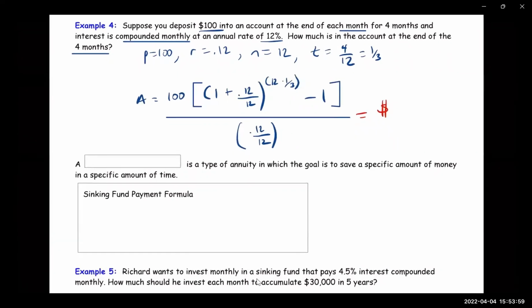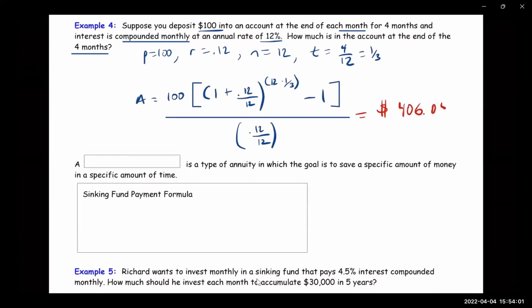Yep, that's exactly what I got. 12 times a third is 4 because 3 goes into 12 4 times. So you can just put 4 as the exponent, instead of doing 12 times a third.